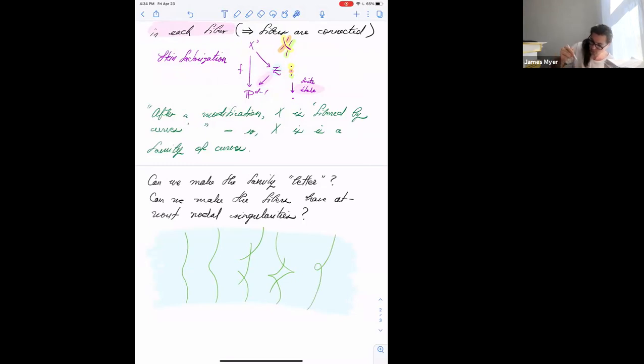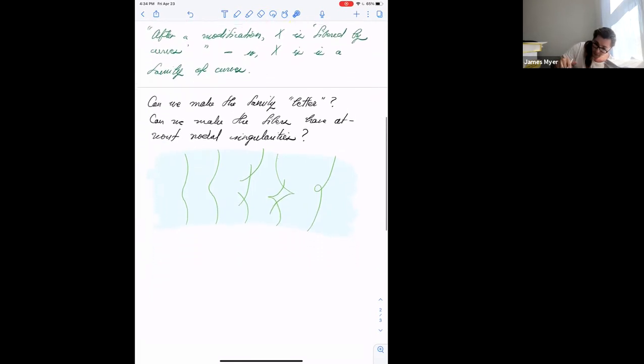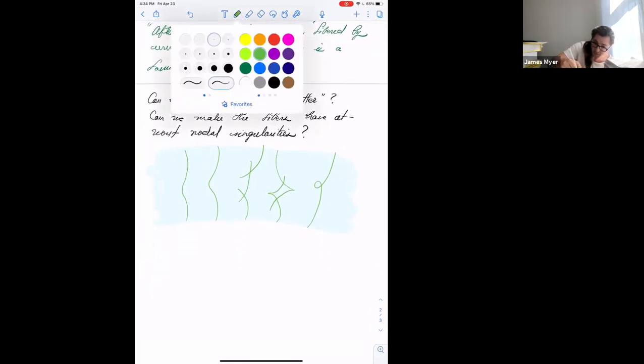What you want to try to do is make the family better in the sense that you get rid of these cuspidal singularities. But the slogan is that you can't really do this unless you allow yourself to make some base change by an alteration, which is a finite cover in general. So I'll just say that quickly in words.